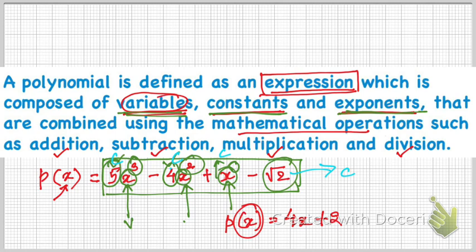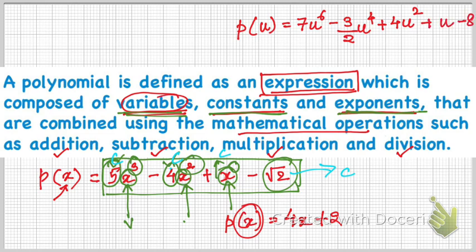Like if you want to write it with u, you can write p(u) is equal to, I am taking a random example, 7u to the power 6 minus 3 by 2 u to the power 4 plus 4u square plus u minus 8.